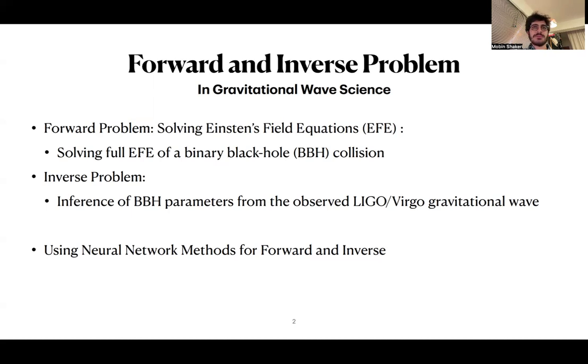The inverse problem focuses on taking the observational data, such as the signals detected by LIGO and Virgo, and inferring the physical parameters of the binary system. These problems are usually computationally very demanding, and our goal is to improve the efficiency of solving them using machine learning.